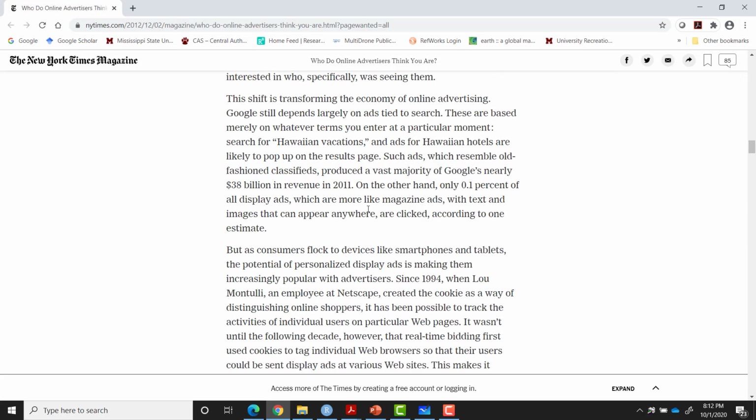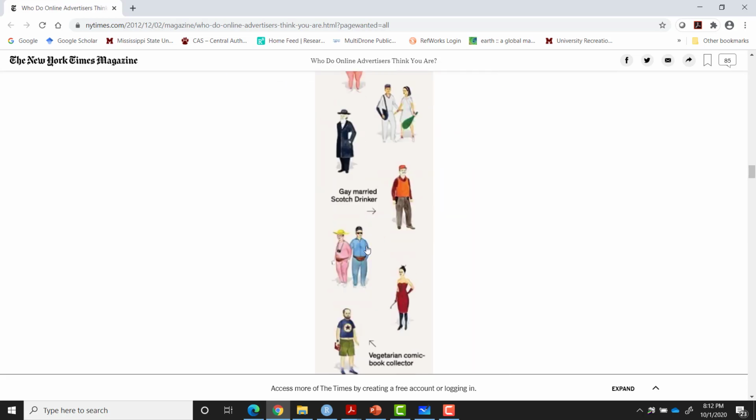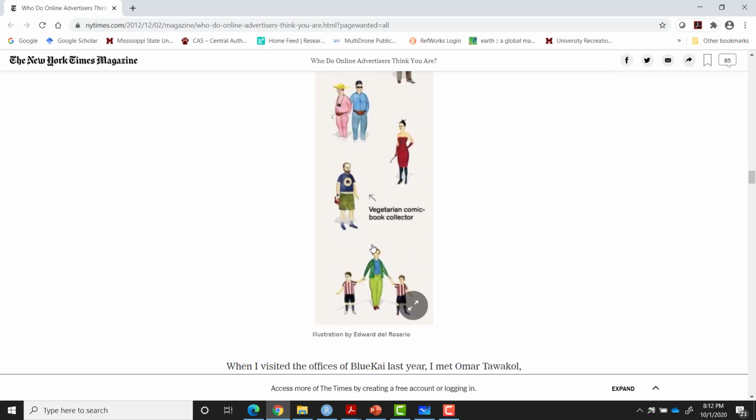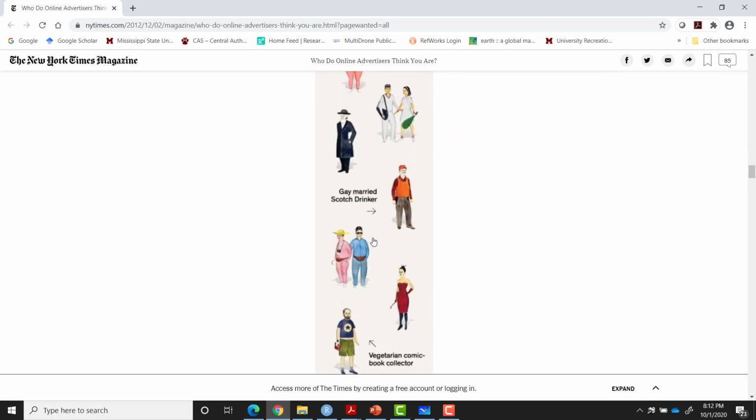So we have these quite specific consumer segments based on lifestyle, orientation, and consumer habits, and we can begin to target smaller and smaller segments.